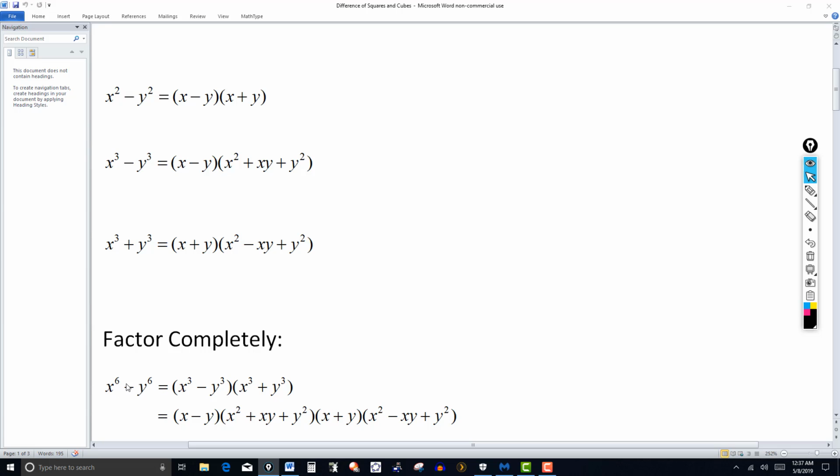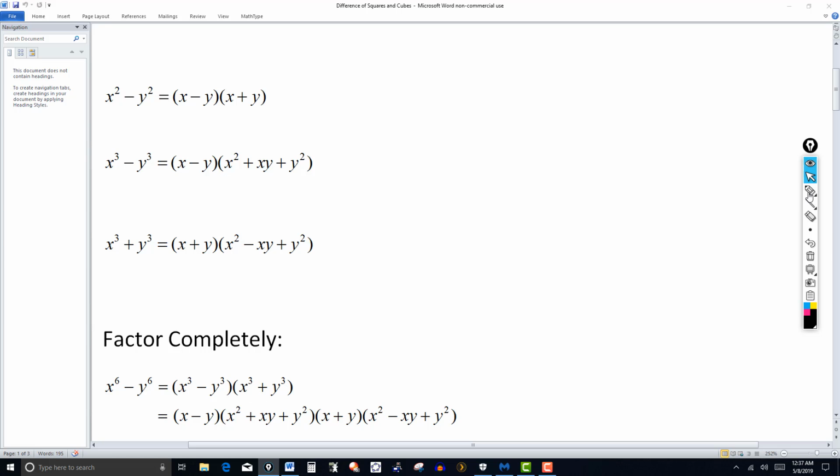Okay, and he noticed this: x to the 6 was a perfect square, y to the 6 was a perfect square. So he said, okay, that's by the first formula up here. It's the difference in the sum of the square roots. So the square root of x to the 6 is x to the 3rd. The square root of y to the 6 is y to the 3rd, so it's a difference, x to the 3rd minus y to the 3rd, and the sum here, x to the 3rd plus y to the 3rd.